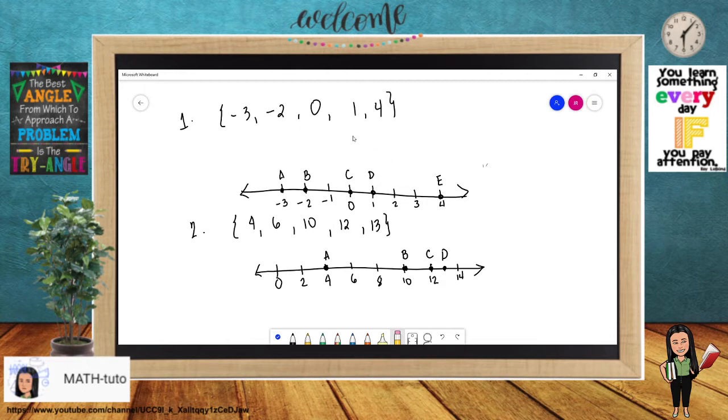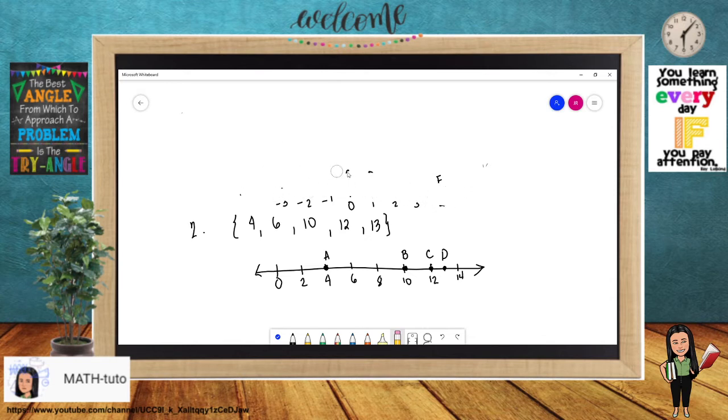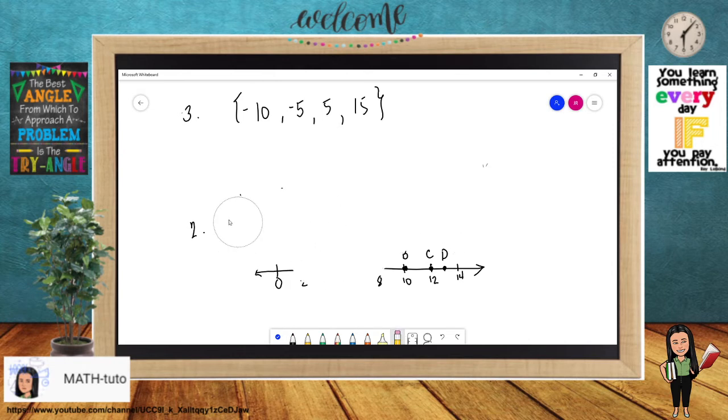Let's have another example. Let's have example number 3. We have negative 10, negative 5, 5, and 15. I will just set the interval as 5 by 5.